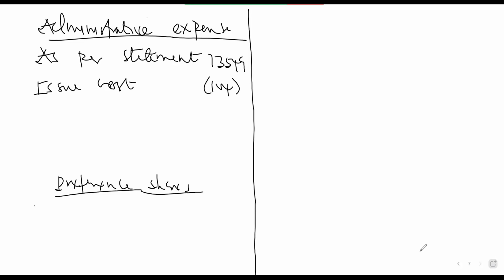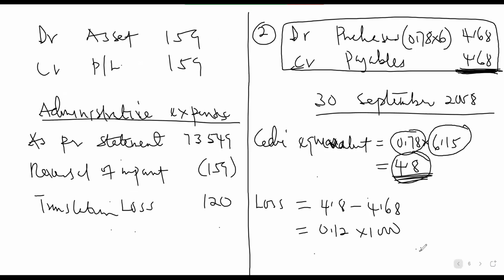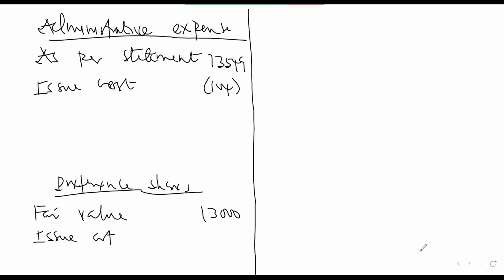We have the preference shares at par value, which is the value of 13,000, isn't it? I thought we had started the administrative expenses calculation somewhere, where we have the reversal of impairments and the transaction cost. I thought it was cost of sales.